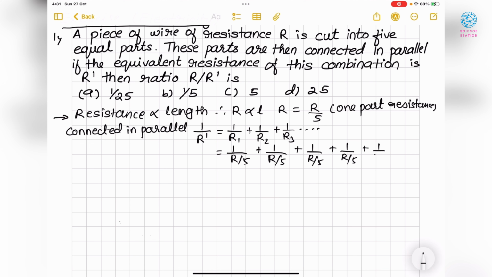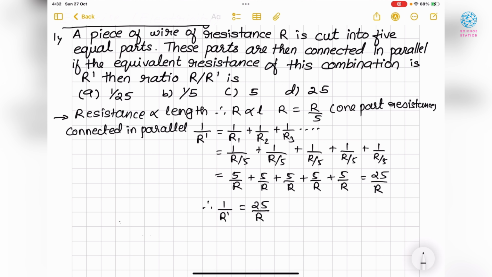If I take the reciprocal of the denominator, it will be 5 upon R plus 5 upon R plus 5 upon R plus 5 upon R plus 5 upon R. So that will come as 25 upon R. So therefore 1 upon R dash equal to 25 upon R. So therefore I can say R upon R dash will be equal to 25 upon 1. I have just cross multiplied to get the answer.